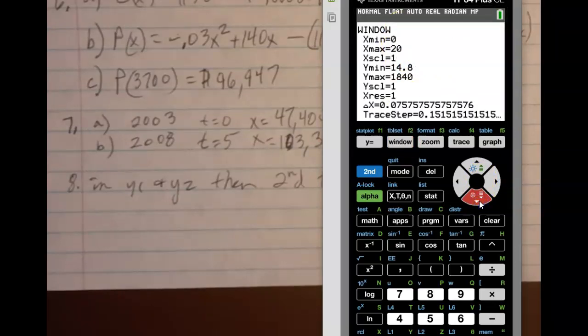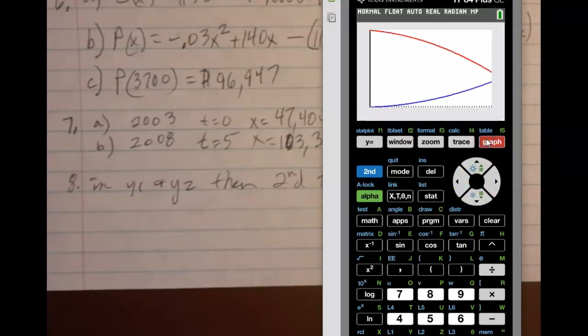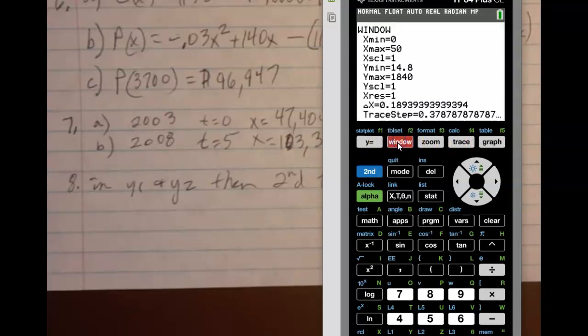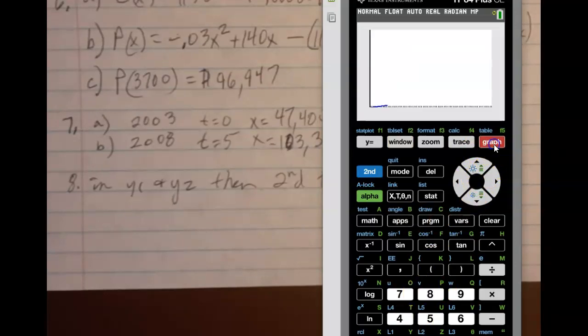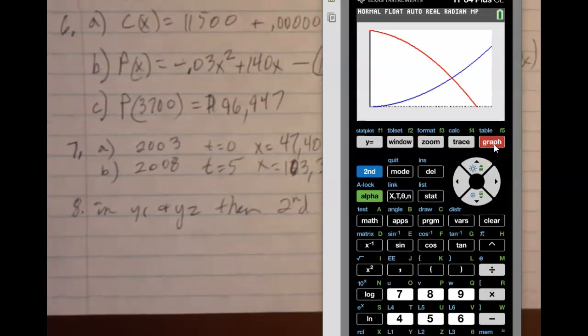So I'm going to go to maybe 50, see if that works. Not quite. So I'll set my window again, go to 80. And now I can see that intersection. So you won't be able to find the intersection on your graph unless you are able to see the intersection in your graphing window.